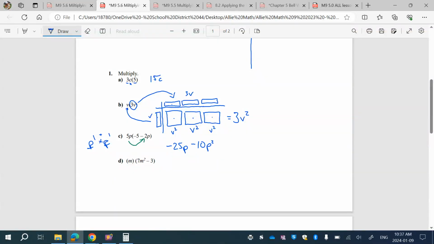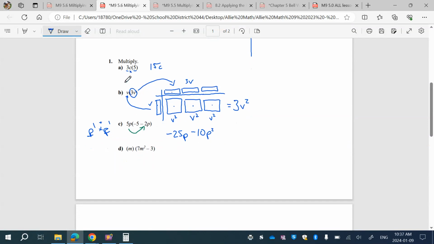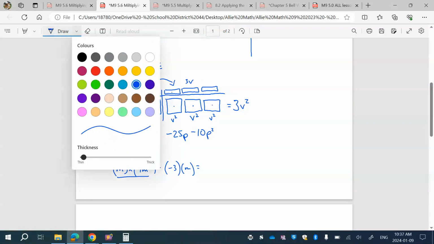Let's multiply those two. That's actually what we did in 5.5. Now again, this one we're going to multiply the m by the 7m squared, and multiply the m by this negative 3. So it's going to be like m times 7m squared plus negative 3 times m. That's what we're doing here. So this right here has an invisible 1.